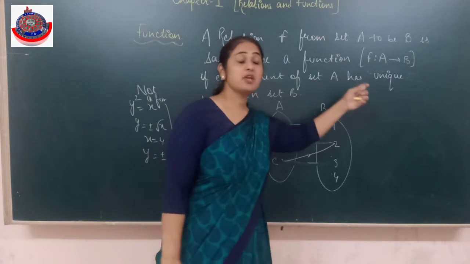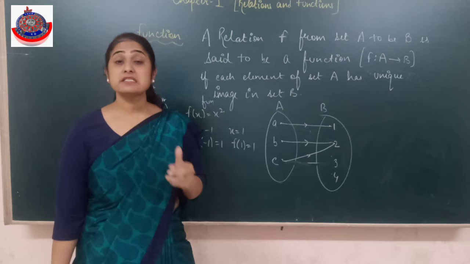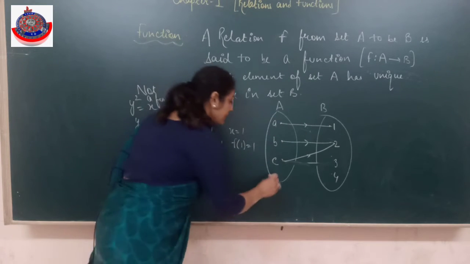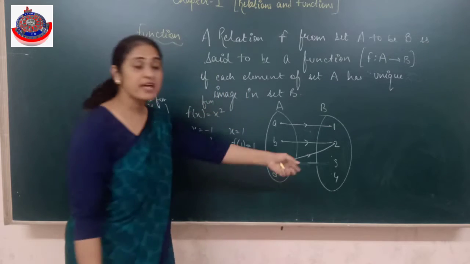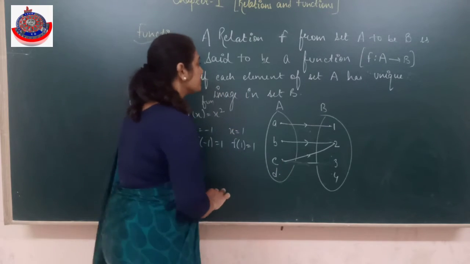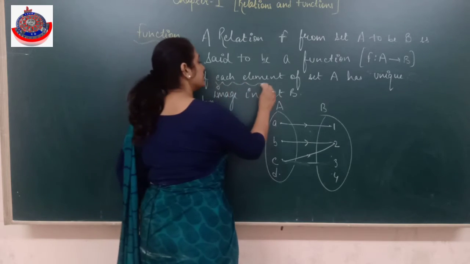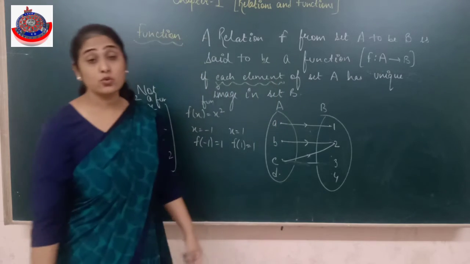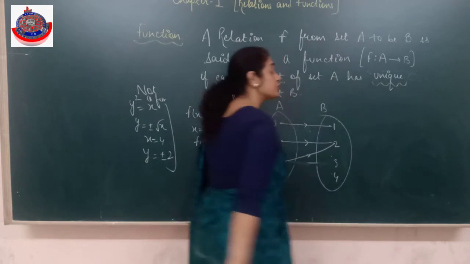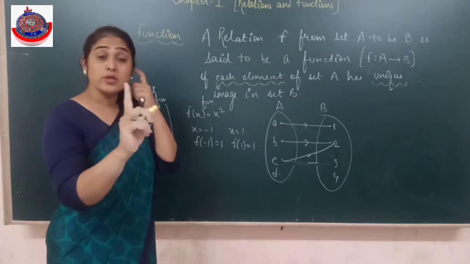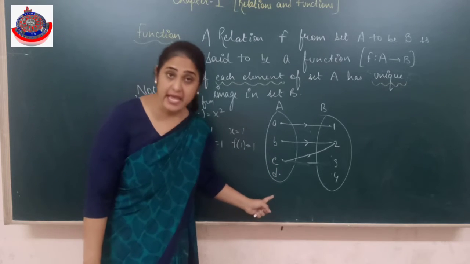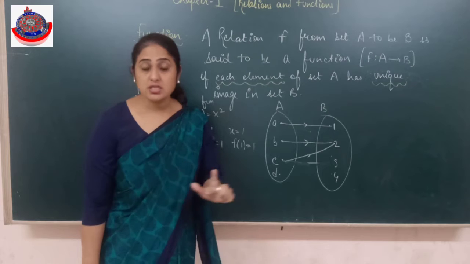Alright, unique image in set B. हर एक का एक आंसर होना जरूरी है. और suppose यहाँ पर D element है and it does not have any answer in set B, then also it is not a function. हर एक का एक आंसर होना चाहिए and that answer should be unique. It should be one answer, unique, only one answer. If first set के अंदर कुछ leftover है, then also it is not a function.